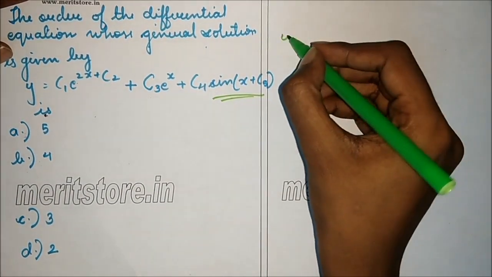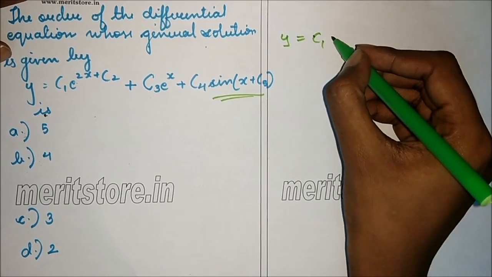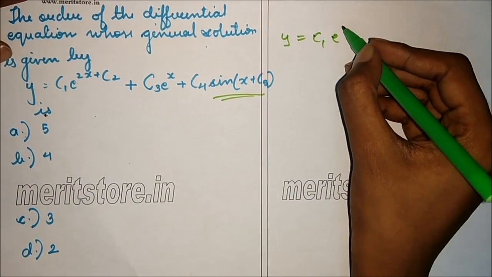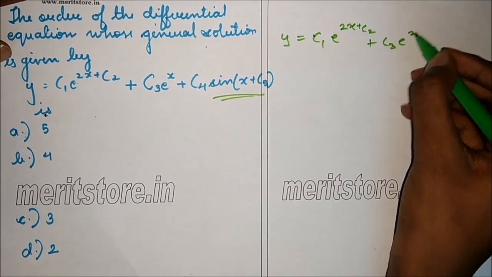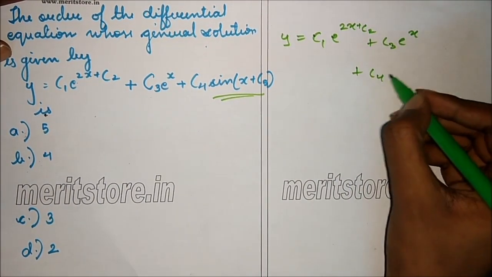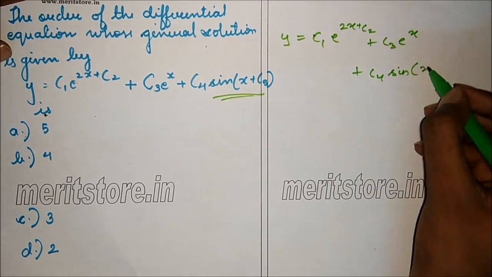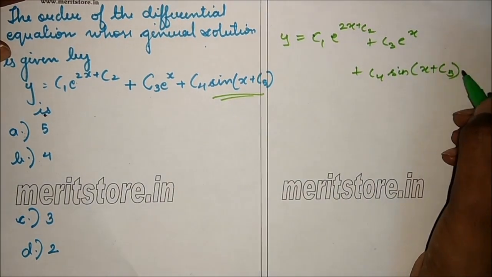Since the number of arbitrary constants is equal to the number of times differentiation is made. It is given that y is c1 e raised to 2x plus c2 plus c3 e raised to x plus c4 sine of x plus c5.